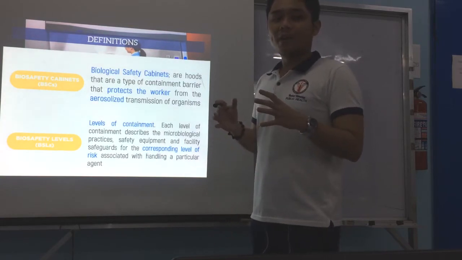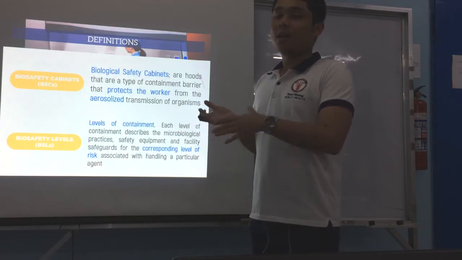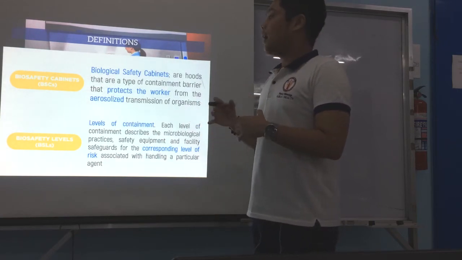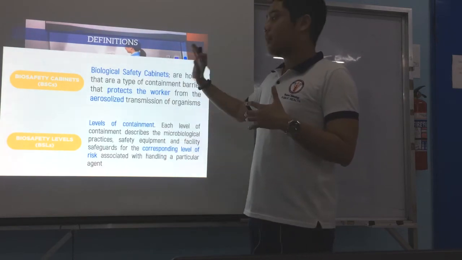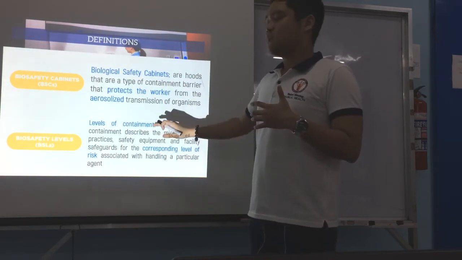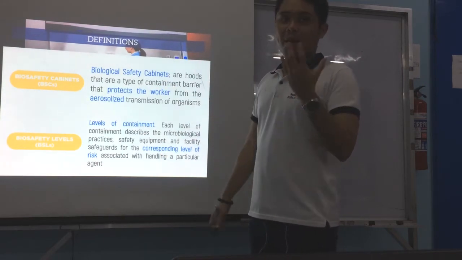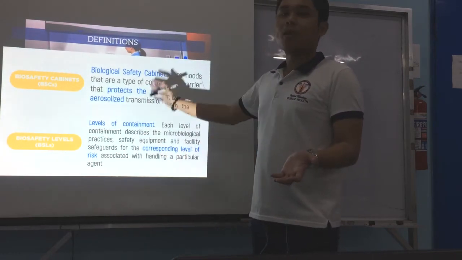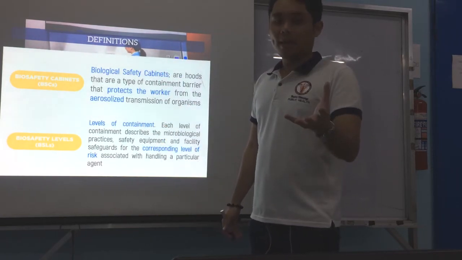So each level has a different microbiological guideline and a different facility that needs to be used. But most of the time, whatever the biosafety level is, that determines the BSC to be used. For example, for BSL 1, the BSC you use is BSC 1. For a BSL 2 organism, you use BSC 2, but that's not the case all the time.